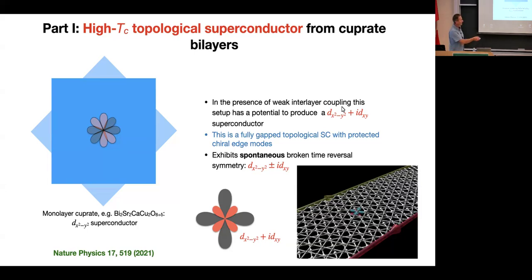What this means is that if you were to put such a D plus iD superconductor on a long strip, in the bulk you would find a fully gapped spectrum, just like in lead or aluminum or other superconductors, but it would have these topologically protected edge modes that propagate in a chiral fashion around the edges.